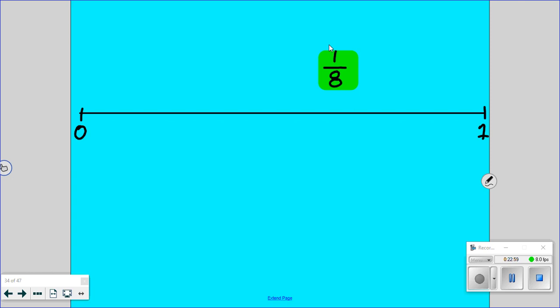Callie, this is your thinking time, not just copying what your neighbor has. I see numbers in all kinds of crazy places. Raise your hand if you think you've got it in the right spot.